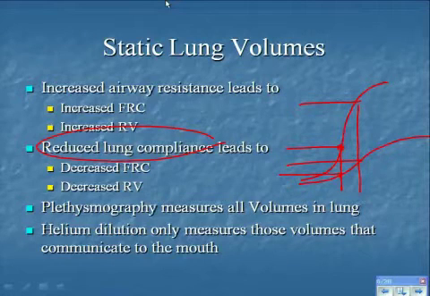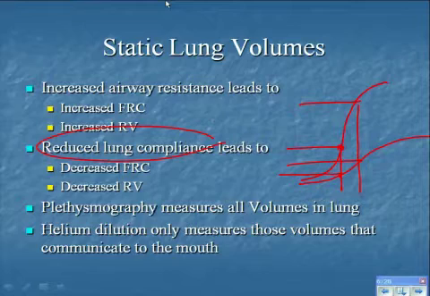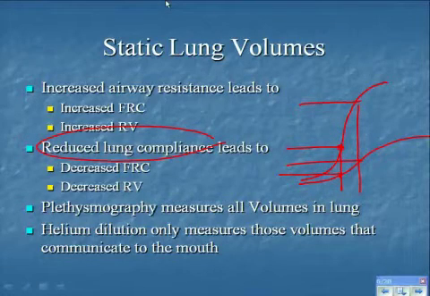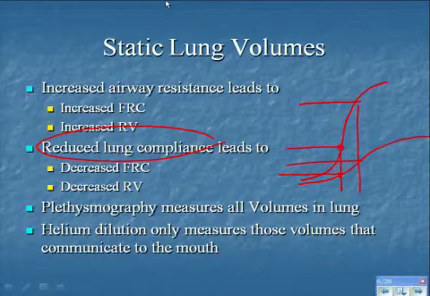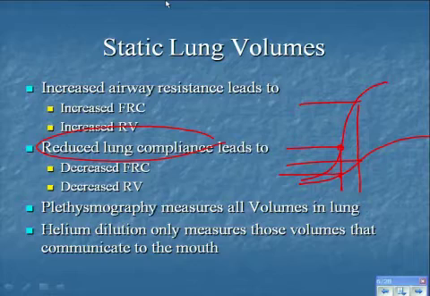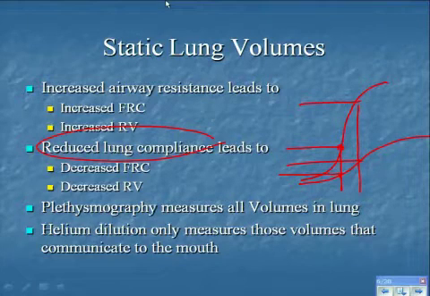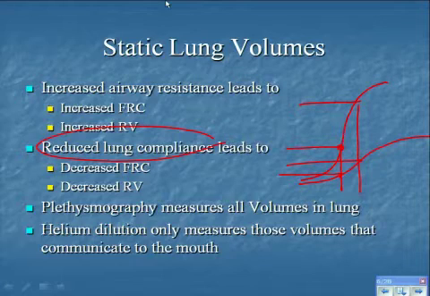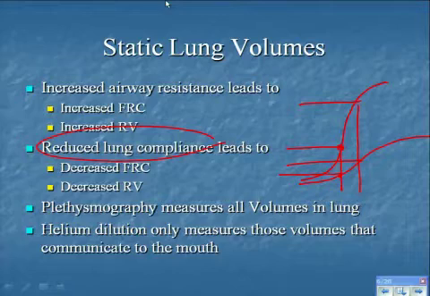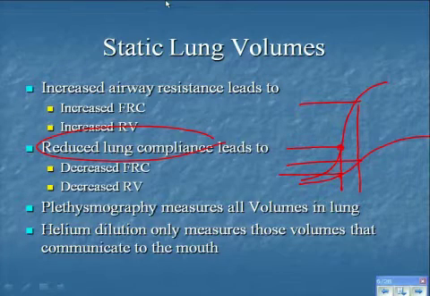The way they make up for that is they don't breathe deeper, they actually breathe shallower and faster. Okay? Because minute ventilation is two things, respiratory rate and tidal volume. But you will notice that if you're doing your static lung test, you'll see a decrease in FRC and a decrease in your residual volume. Okay? Your body plethysmogram measures all the volumes in the lung, which is correct.